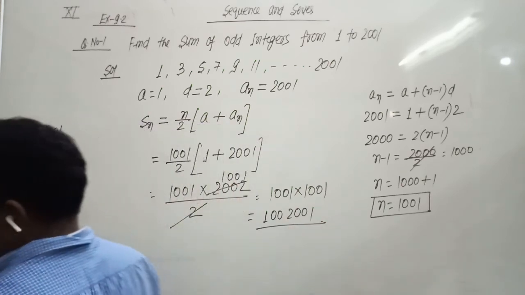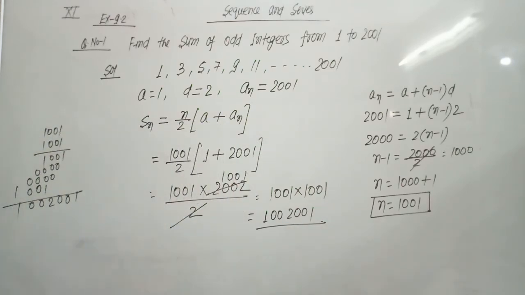This is the sum of all odd integers from 1 to 2001, which is 1002001.